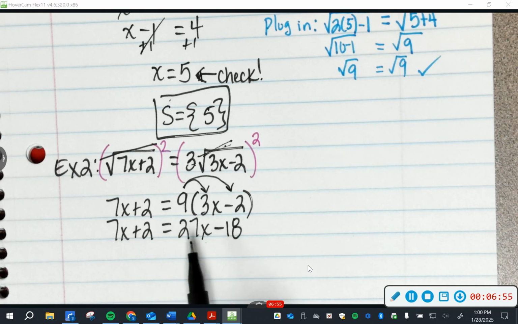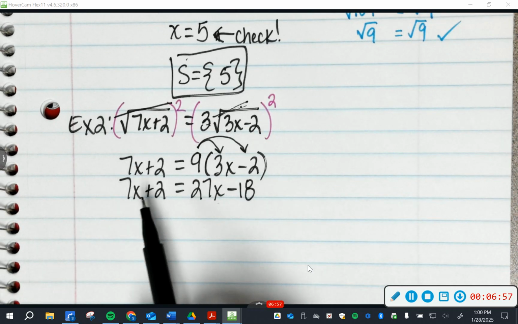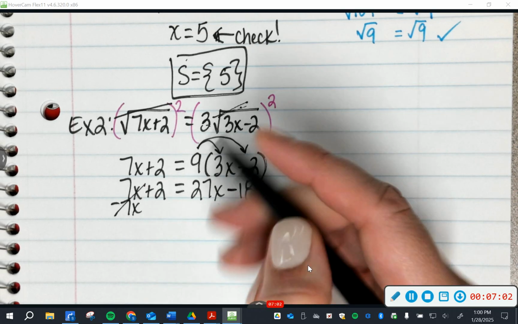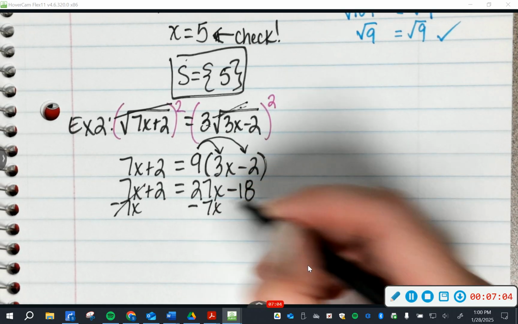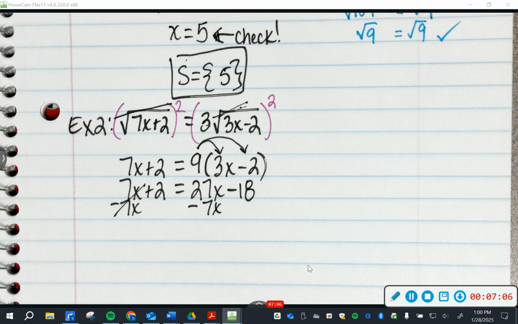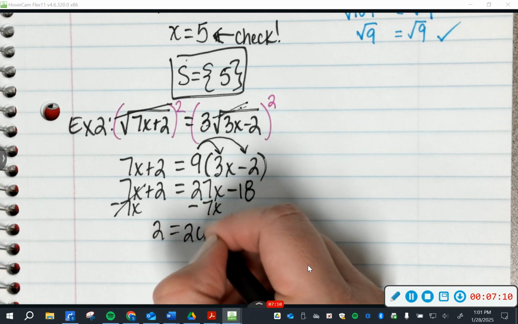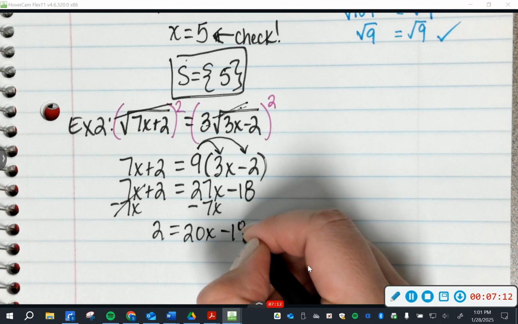Okay, we want x's on one side, so just pick one of these to get rid of. I'll get rid of the 7x on the left, so we'll subtract it. Yep, 20x. So we have 2 equals 20x minus 18.